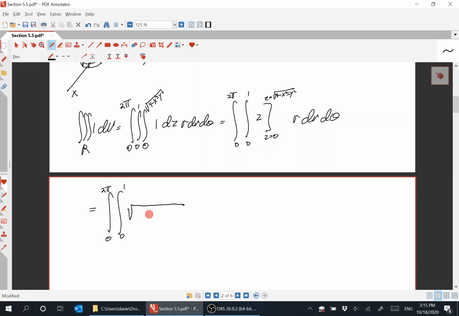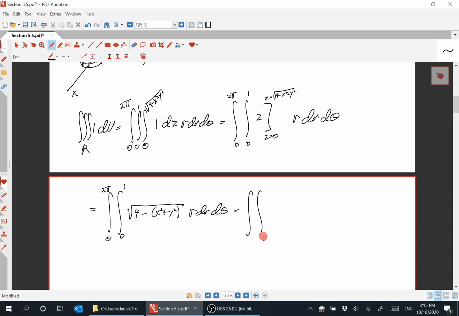So square root of 4 minus x squared plus y squared, r dr d theta. Now, of course, we have to transform this into polar coordinates. You can't use x and y anymore. It has to be expressed in terms of r and theta. So here this is r squared, x squared plus y squared.